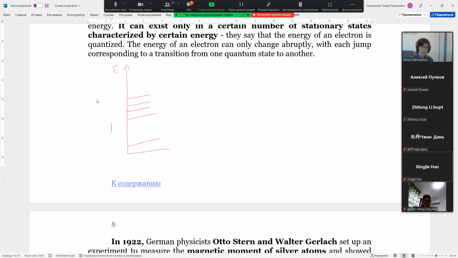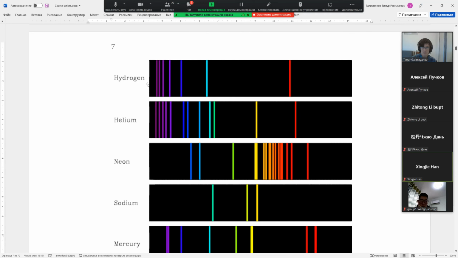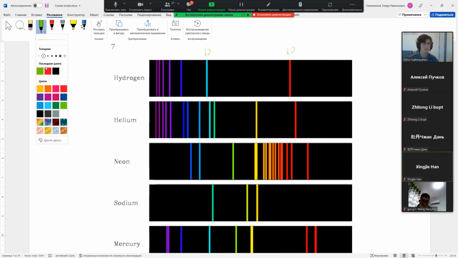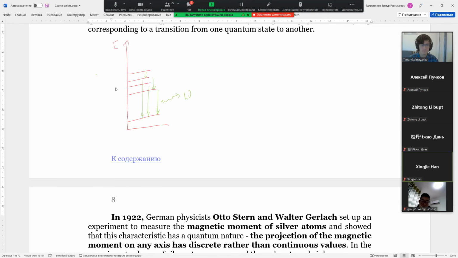Electrons can go that way, or that way, or they can go here or here, and all combinations of these possible transitions emit photons. They bring us to this line spectra. Those are the energies of the transitions from the first or second level, and so on.